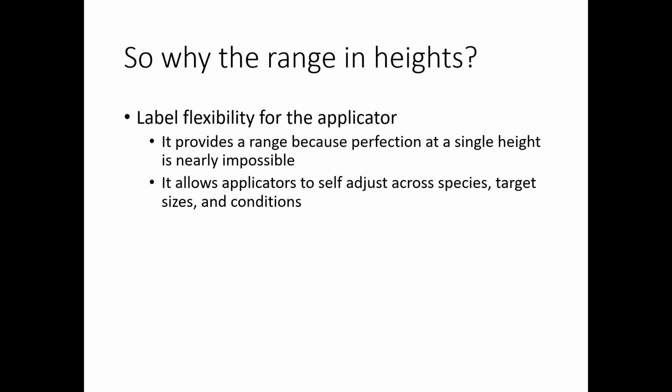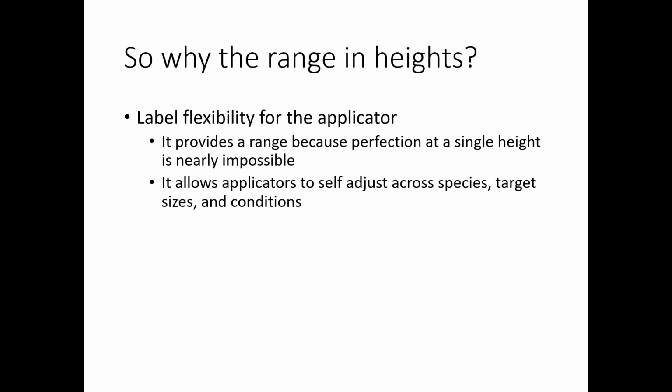Now, it also allows applicators to begin to self-adjust across species and target sizes and conditions. As we recognize there's going to be some variation in sensitivity among species and the way they grow and their bark thicknesses and everything, so that when you are really going after a single species on the job, you can begin to tailor application heights with more and more experience based upon the size of the individuals.